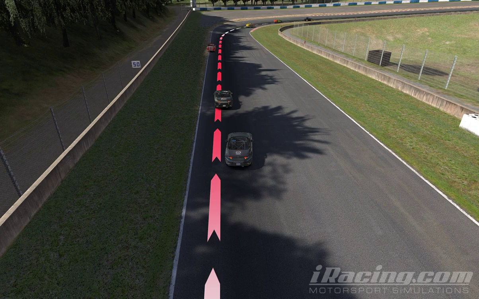And even at this early point, the trailing car is moving, angling himself for the inside line here. So even at this early point before corner entry, it looks like the trailing car is lining up some maneuver on the inside. At least he wants to see what's available on the inside.